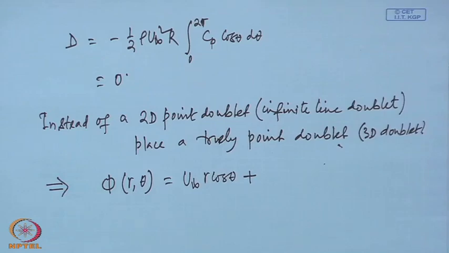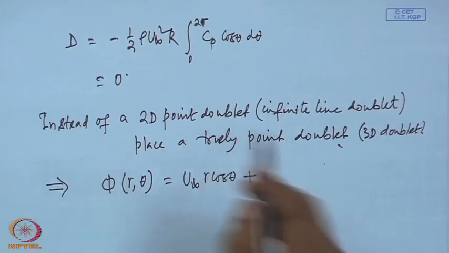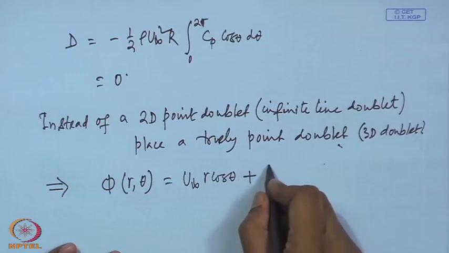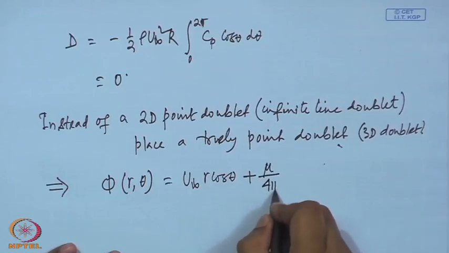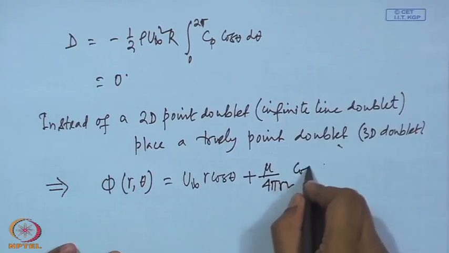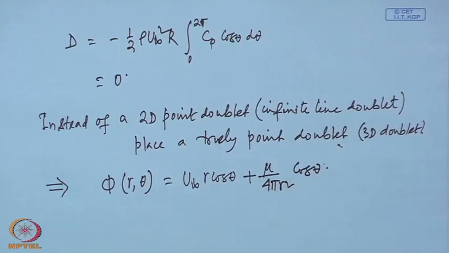Potential for a point doublet: mu by 4 pi r square cos theta.